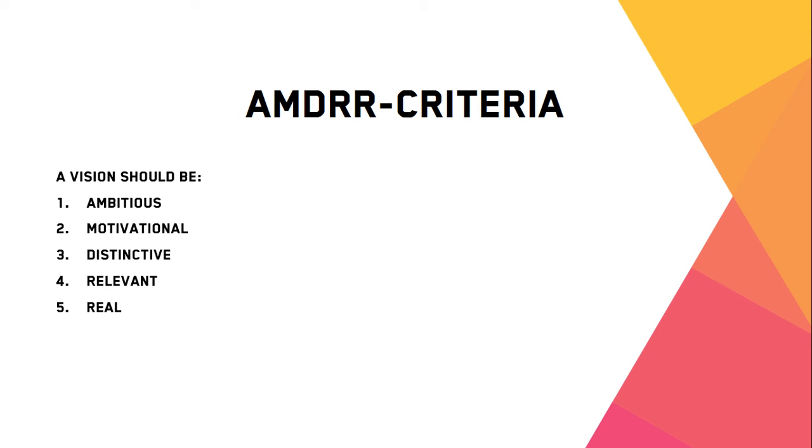To elaborate on this a bit more, a vision should first of all be ambitious. So it should be voicing your dreams, your passions, and desires. Secondly, your vision should be motivational. It should inspire, touch, and move people. It should create energy to drive people to optimally use their core qualities. A vision should also be distinctive.